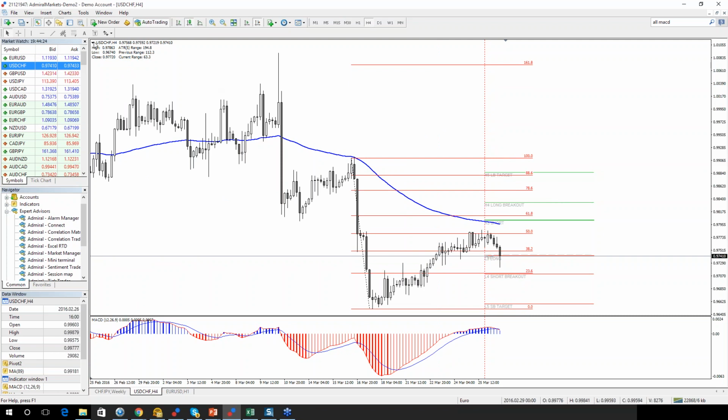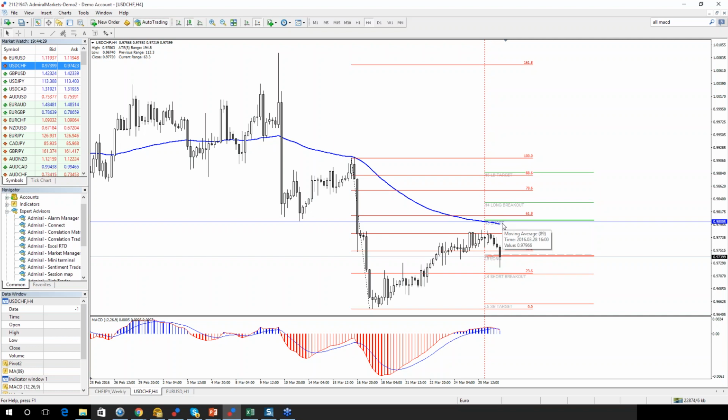This is POC here. Here, this is POC. Yes, 97.85 to 98.00. Yes, that's it.